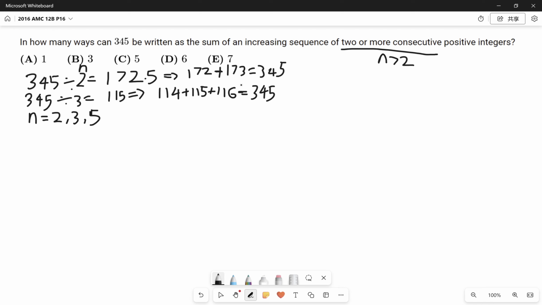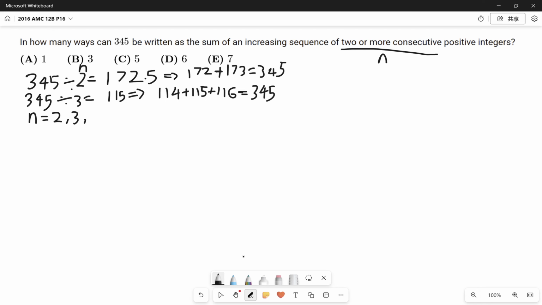There you go, and that's your sequence. And if you want to expand even further, for example 345 divided by 6, you take the 0.5 and you expand it into 6 numbers: 3 that are smaller than the average, 3 that are larger than the average.